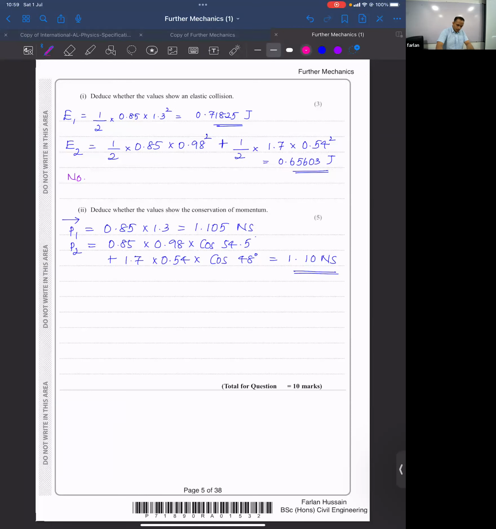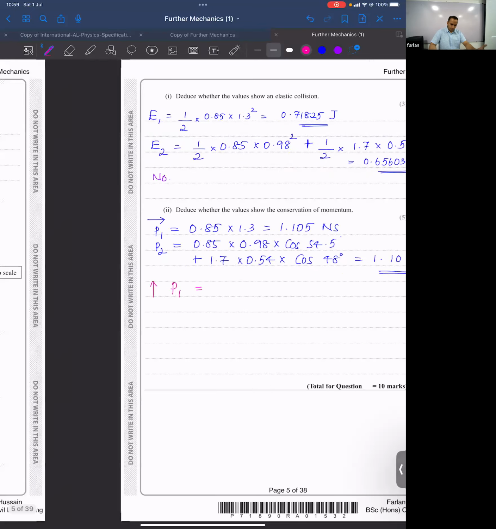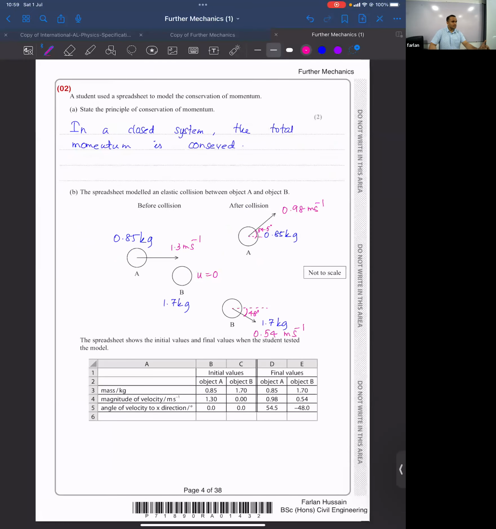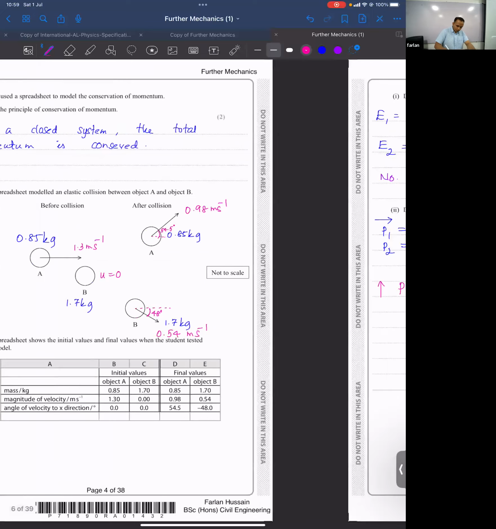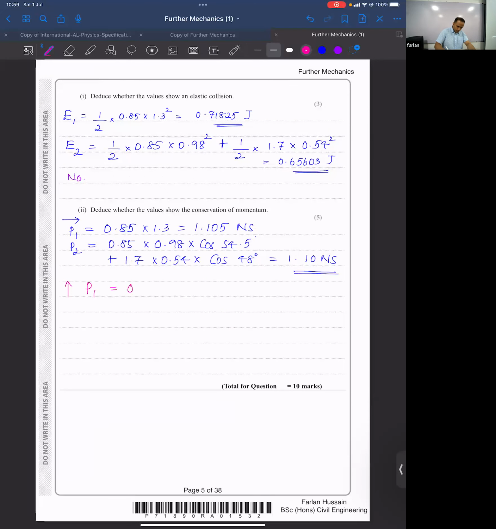You're not done there. You have to consider the conservation of momentum along the y direction as well. Along the y direction, what is the initial momentum? 0. There's no momentum initially, so I'll take it as 0.